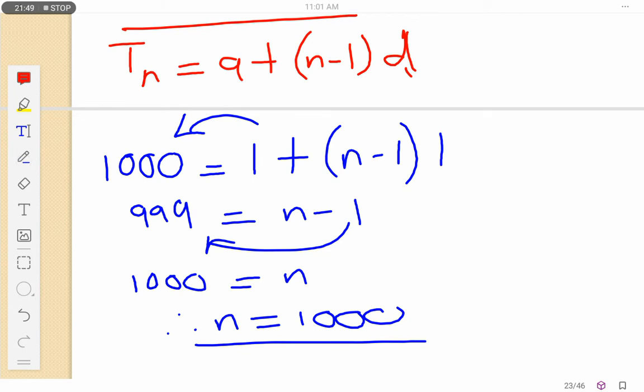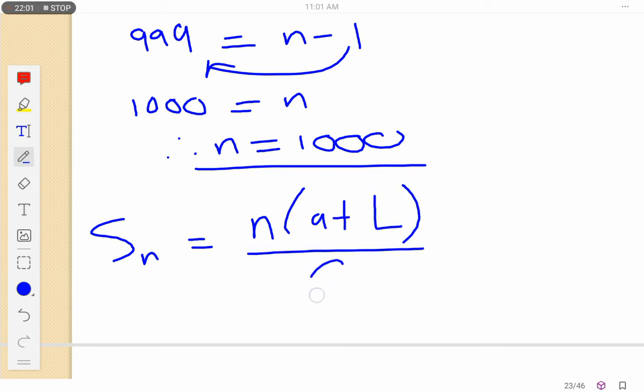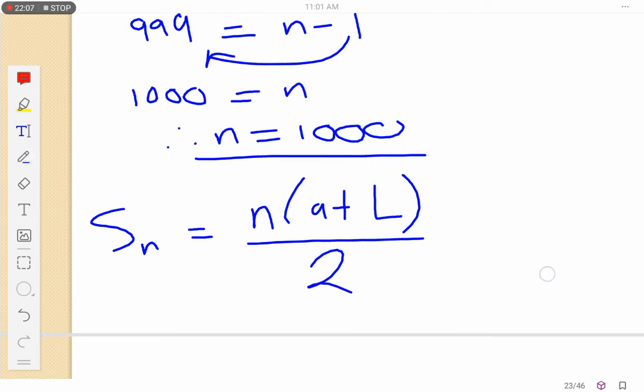Okay. So now, because we know the last term of our series, we can use the formula Sn is equal to n over 2 by a plus l. We know the last term is 1000, so we can now substitute.